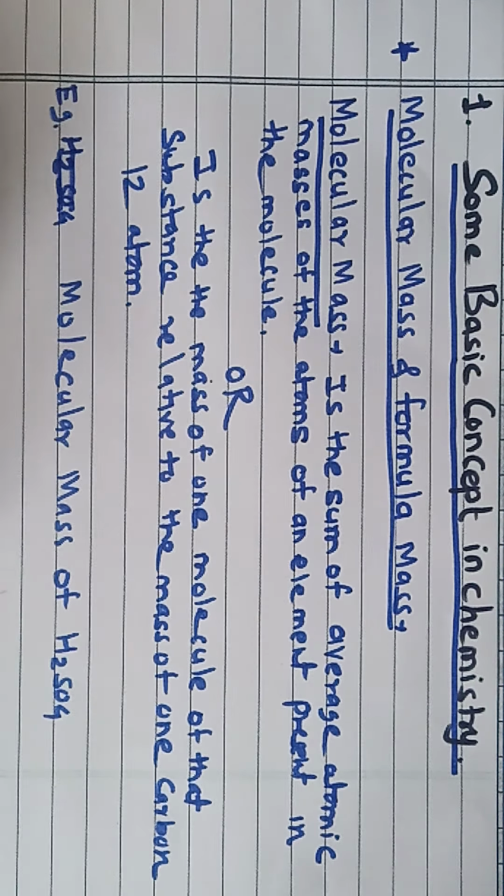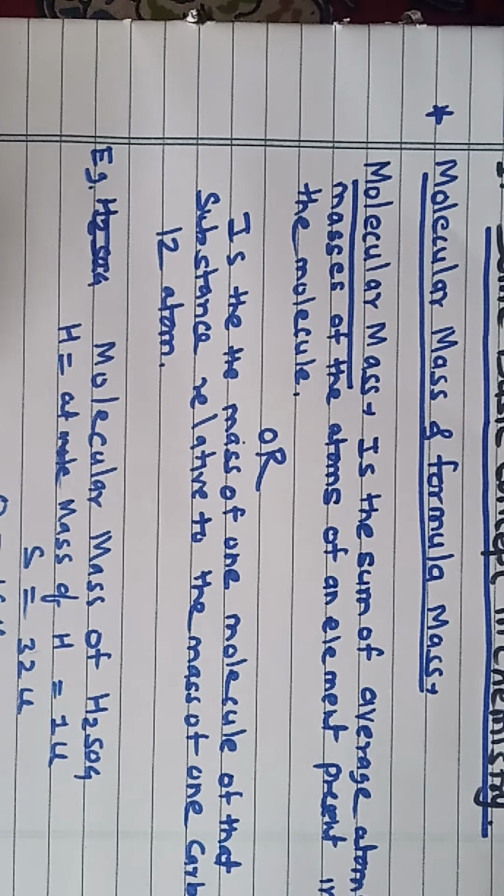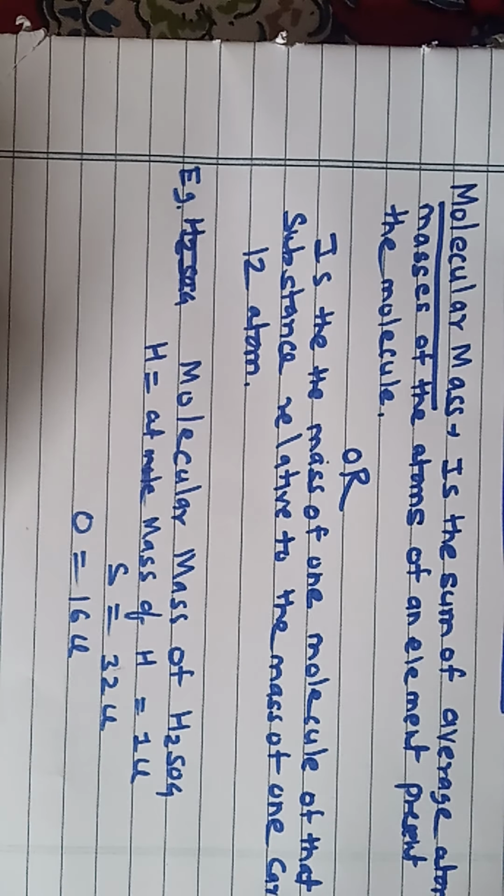So in H2SO4, the atoms are hydrogen, sulfur and oxygen. The atomic mass of hydrogen is 1 U, sulfur is 32 U, oxygen is 16 U. So these are the average atomic masses of the various atoms, hydrogen atom, sulfur atom, oxygen atom in the H2SO4.